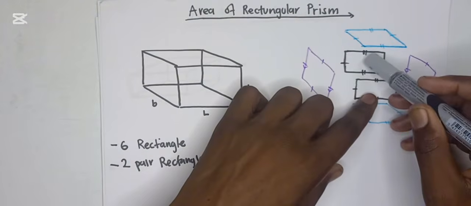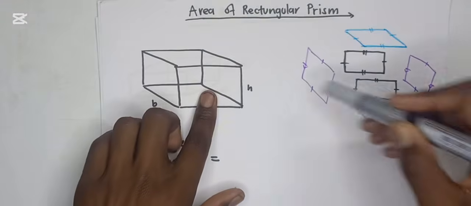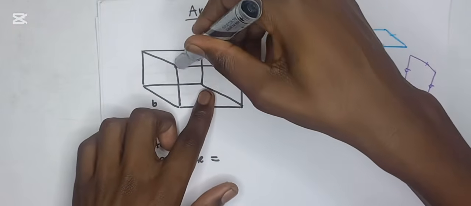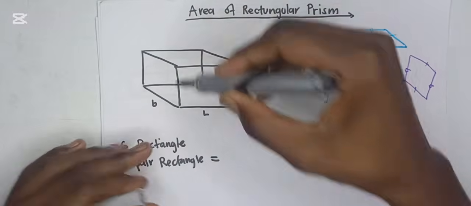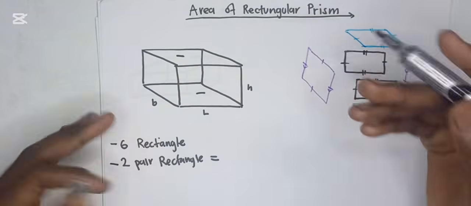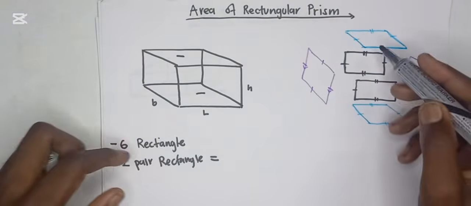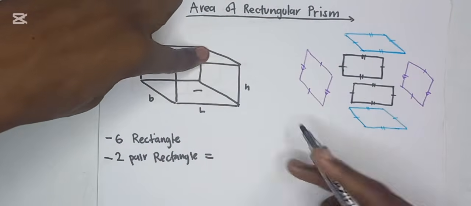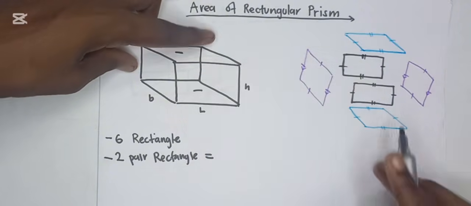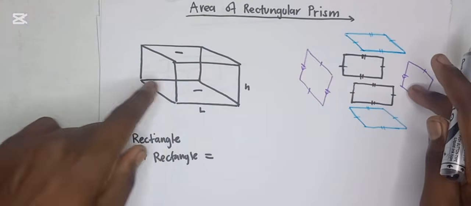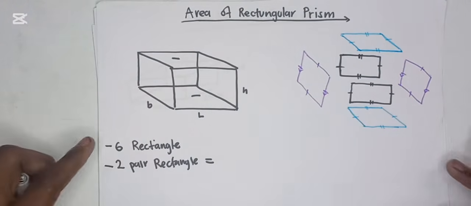The black rectangles here are the front part and the back part of this rectangular prism. The blue ones are the top part and the base, which is the bottom part. And these ones are the left and right parts.